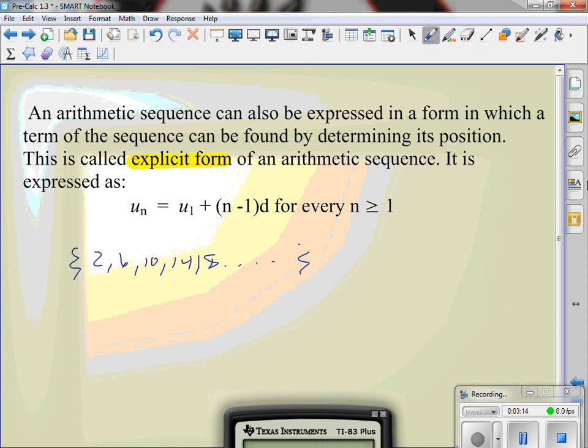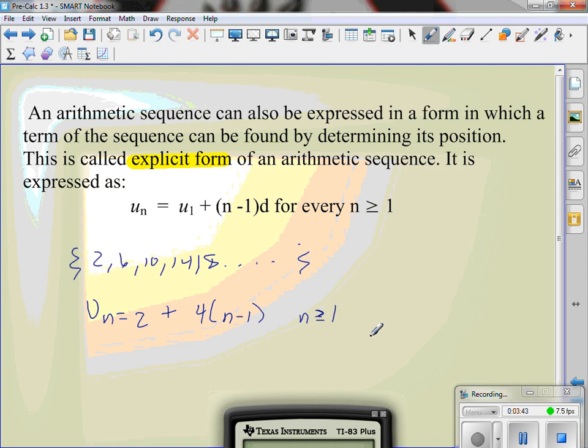The new way. This is explicit form. U sub n equals. What is my first term? 2 plus. Now, you can write d here, or you can put d out front. What is my difference for every single term? 4. 4 times n minus 1, n is greater than or equal to 1.